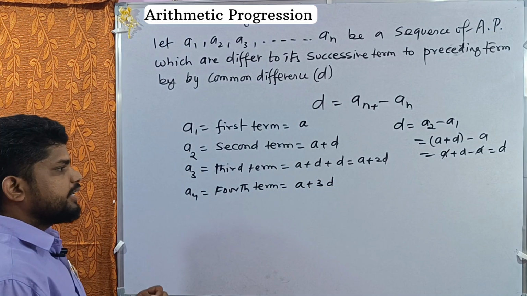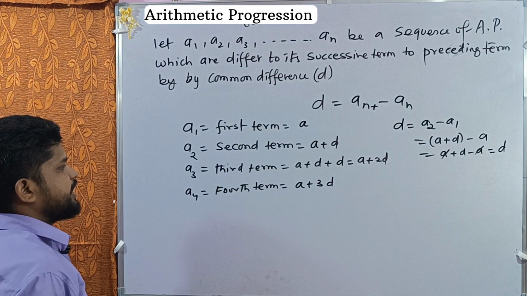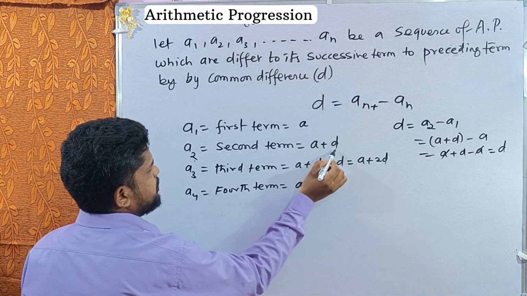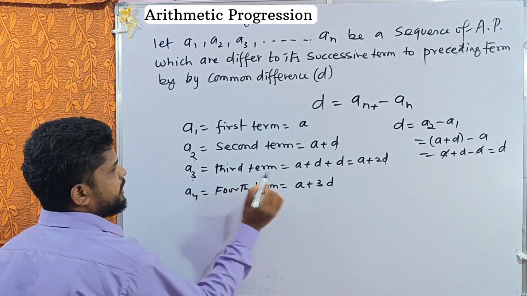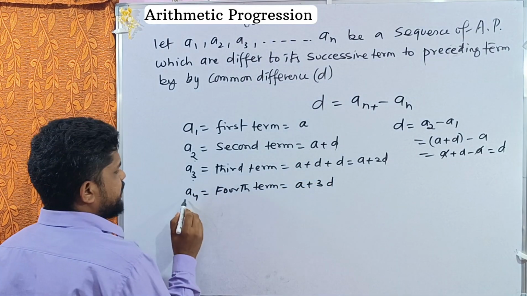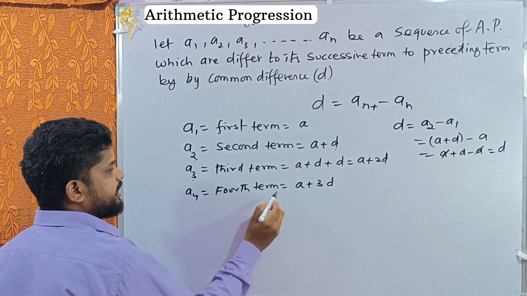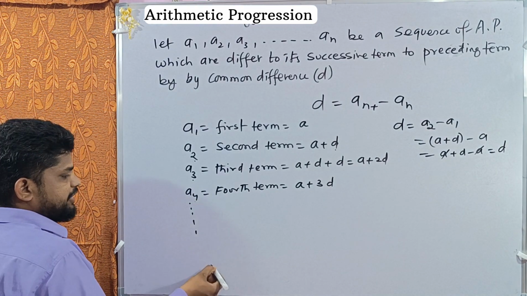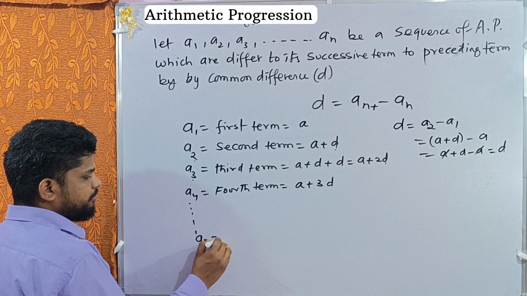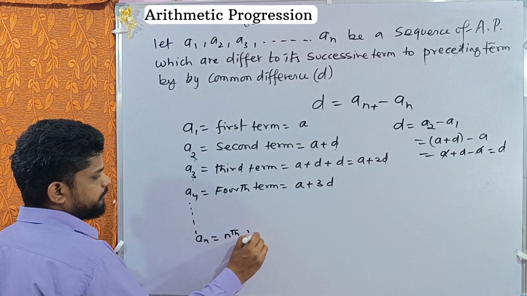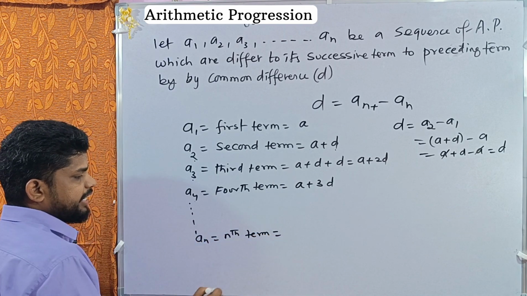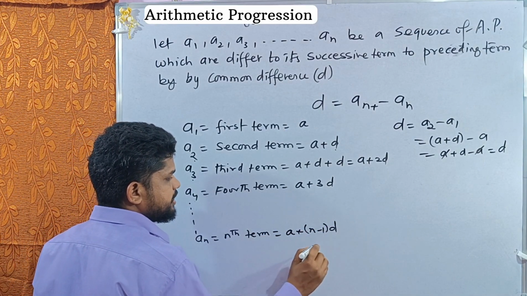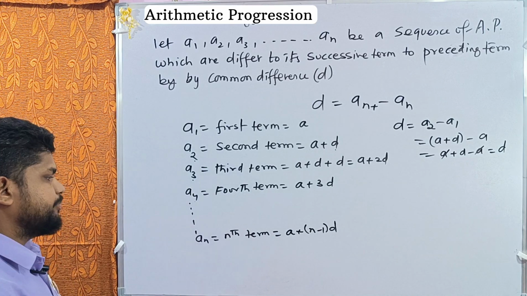You can observe that for the second term we get a plus d, for the third term a plus 2d, for the fourth term a plus 3d. Likewise, if we repeat continuously, for the nth term we will get a plus n minus 1 d. This is the general formula for the nth term.